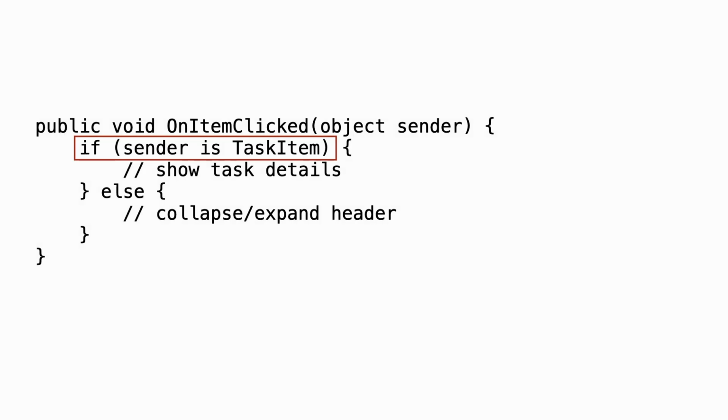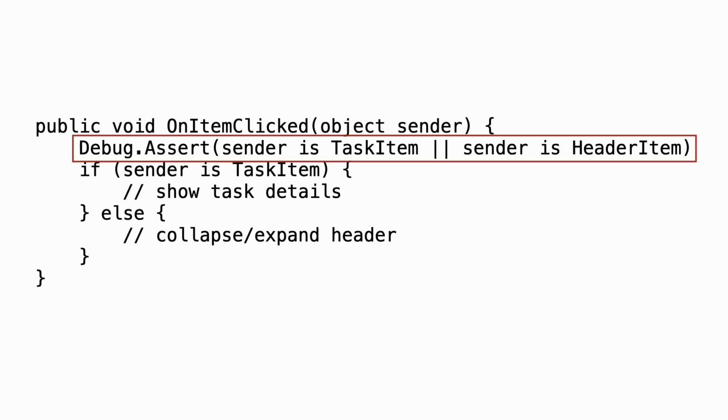The handling code checked the type of the clicked item and either showed task details or toggled the header. Since we never noticed the bug while we were developing the system, we had to place asserts in the hope to find the problem. One of the asserts checked to make sure that the clicked item was indeed a task or header, and although we never thought this could be the problem, it led us to the bug.